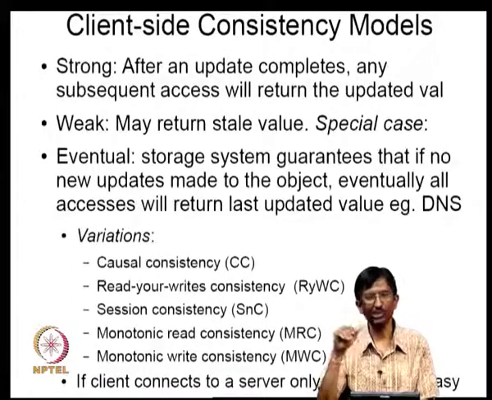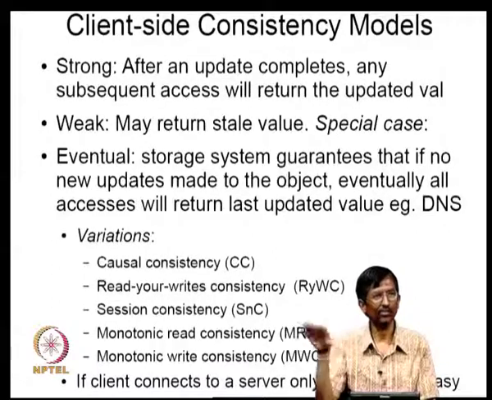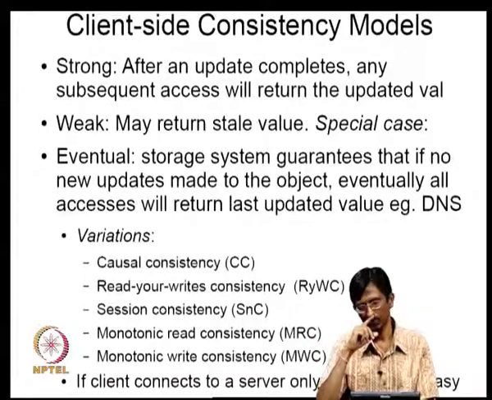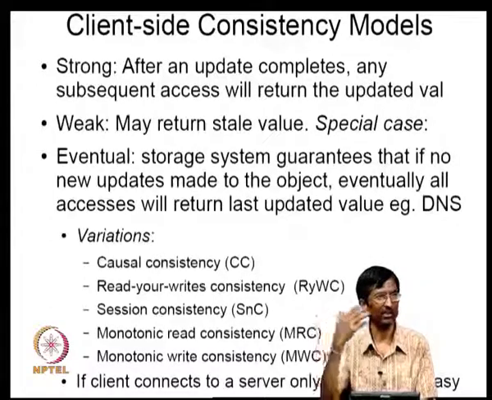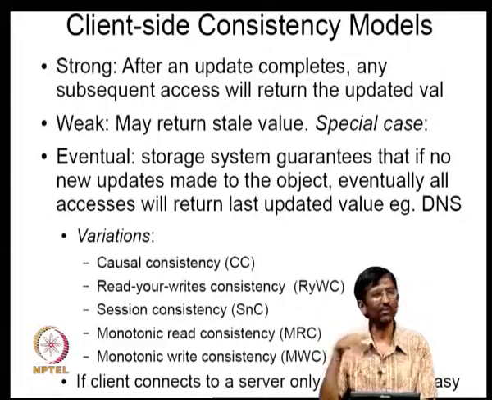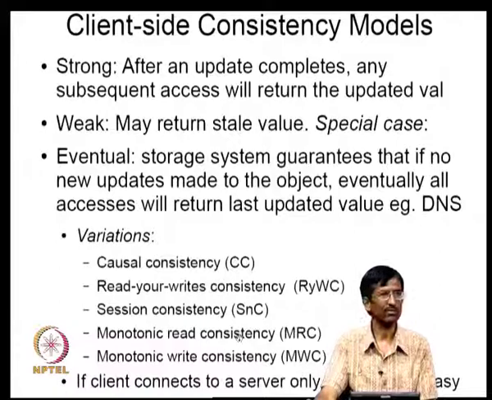If I read 5 and read again, I cannot get 6 if there is no intervening write. This may be violated in internet-scale systems. For example, you read the score of a cricket match, it says 320, and the next time you read it, it becomes 350. That's because you are getting updates from multiple different paths, and that will not have monotonic read consistency.